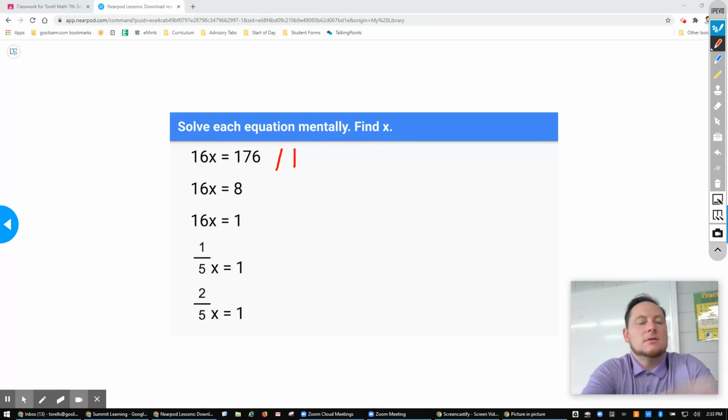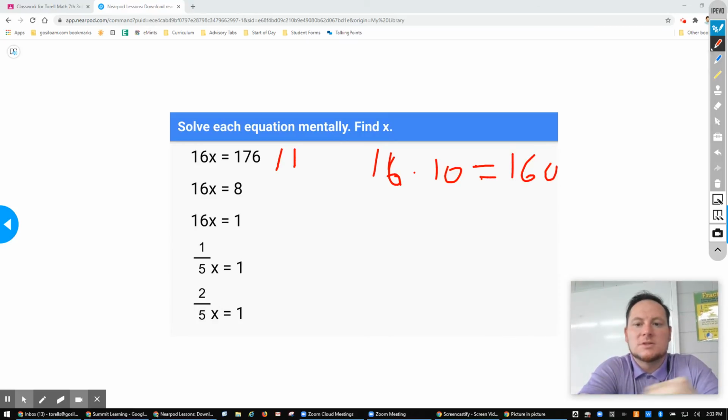Or you may have thought about it in the way of, well, 16 times 10 is equal to 160. And then how far away is 176 from 160? It's 16 away. So you need one more 16. So 10 plus 1 is 11. So either way, hopefully you figured out that the answer was 11.